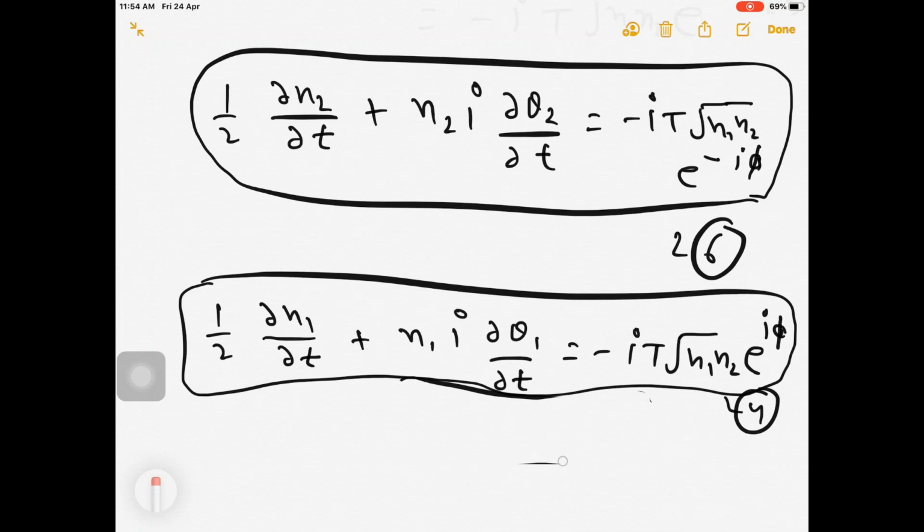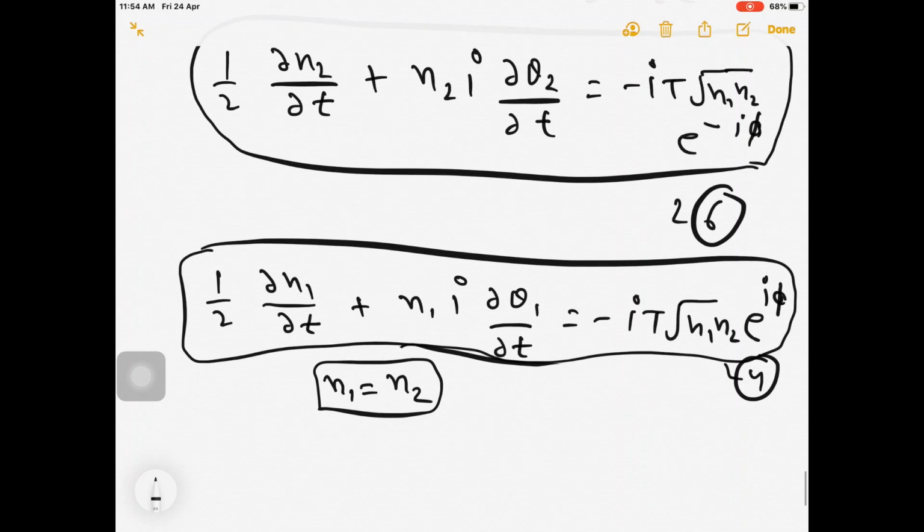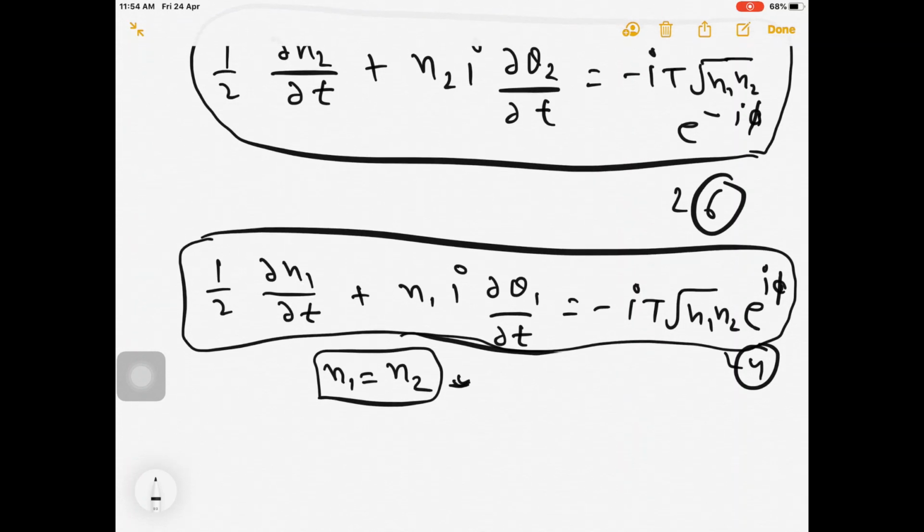You can assume later, or you can assume right now for simplicity, that both the superconductors are identical, and if the superconductors are identical, then we can write n1 equals n2. This is all your choice. So I am putting this condition right now.